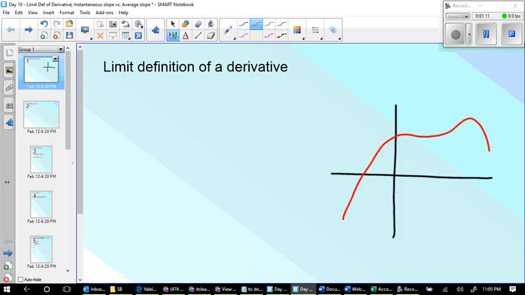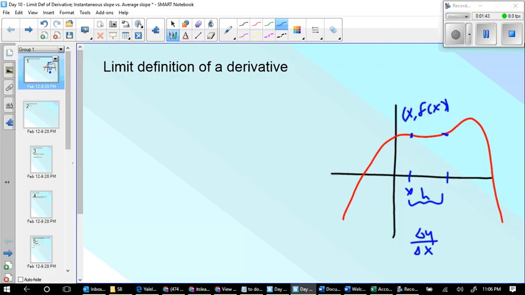So here's some random graph, and here is an x value on that graph. Since I want, in general, change in y over change in x, if that is x, then my y value for that would just be f of x. So I'd have the coordinate x comma f of x. Let's use some other random coordinate on the graph, one over here, and let's call the distance between the two values h.